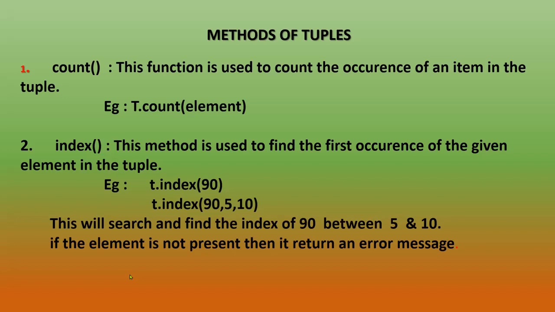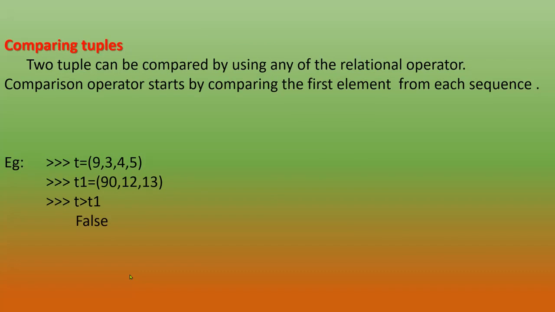Next, we can compare two tuples by using relational operators. One example is written over there: T equal to this tuple, T1 is another one, and T greater than T1. It is actually element by element comparison.